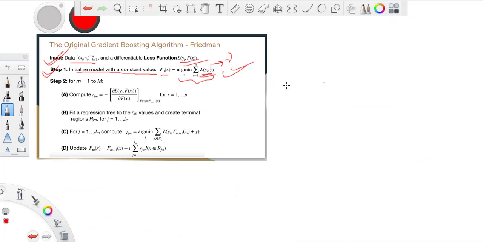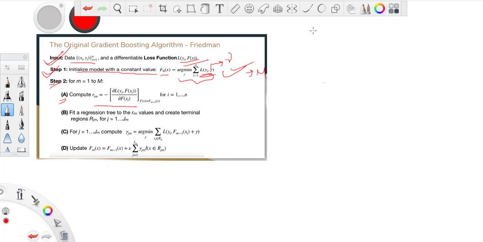So we have seen that essentially this is nothing but the mean, right? Now let's come to step 2, and first let's get into this sub step of 2, where it is saying to calculate r im with this funky looking symbol. Let's see what it is essentially saying.